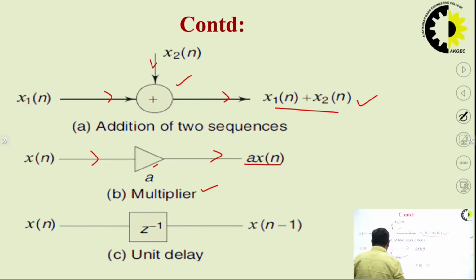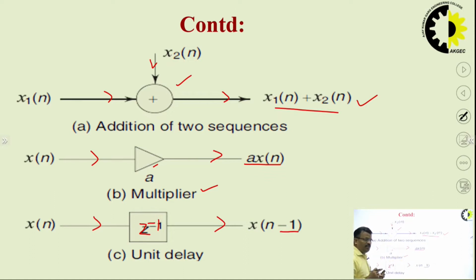Now, third is what I told you, the unit delay element. Unit delay element means what? If x of n is given here, the unit delay element or storage element is represented by z to the power minus 1. It produces a signal that is delayed by 1 sample.